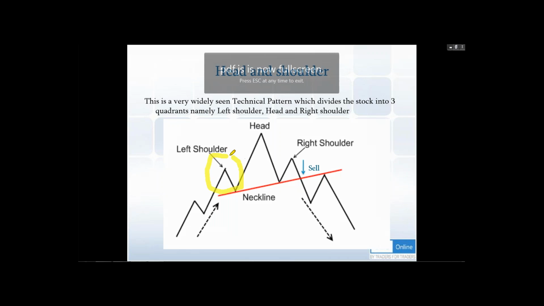As you can see, this is the left shoulder, this is the head formation, and this is the right shoulder formation on that particular stock. The red line which I have drawn is the neckline, which joins the bottom of the head and the shoulders of that particular stock in the pattern formation. Whenever the stock breaks below the neckline, you can give a sell signal in a head and shoulder formation.